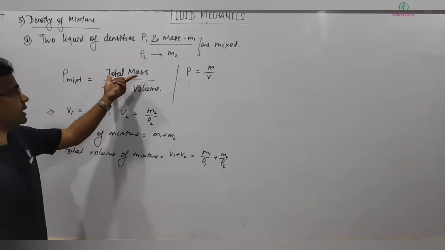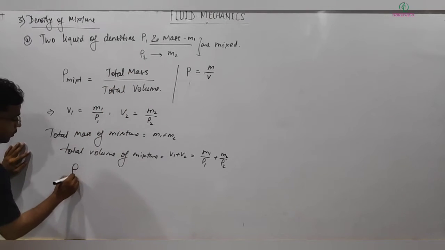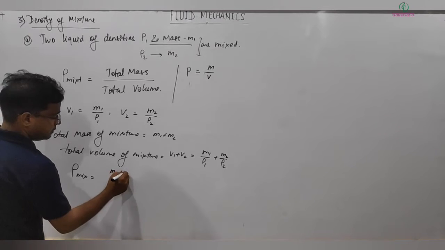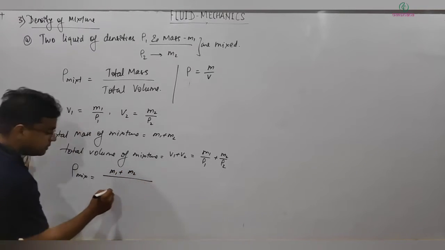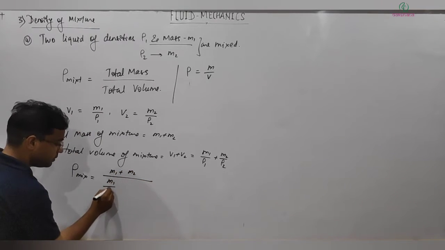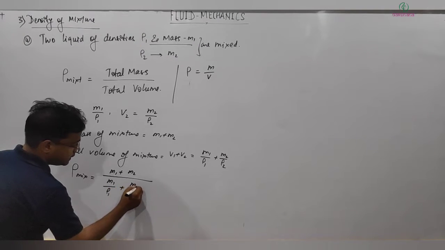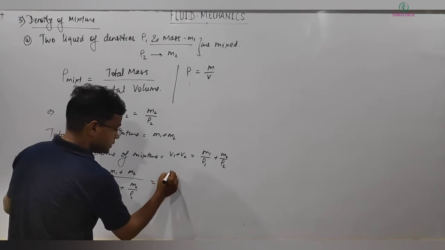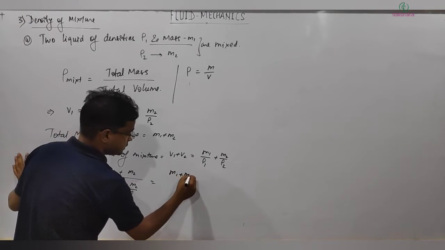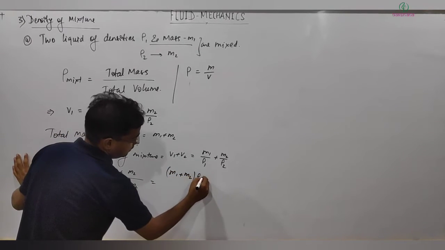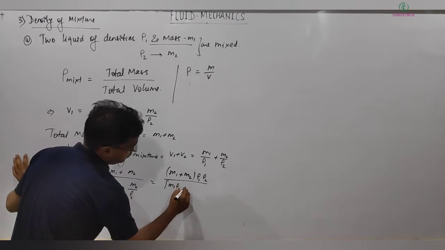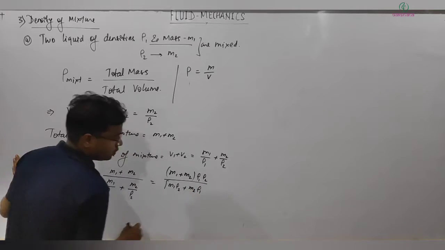Just substituting everything in this formula, I am getting rho mixture equal to m1 plus m2 divided by m1 by rho 1 plus m2 by rho 2. This can be rearranged as m1 plus m2 multiplied by rho 1 rho 2 divided by m1 rho 2 plus m2 rho 1.